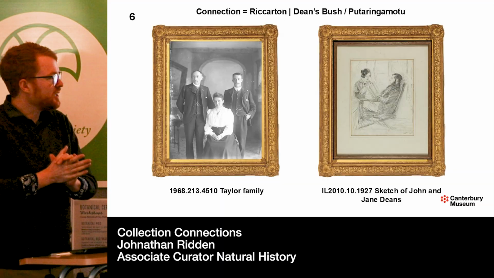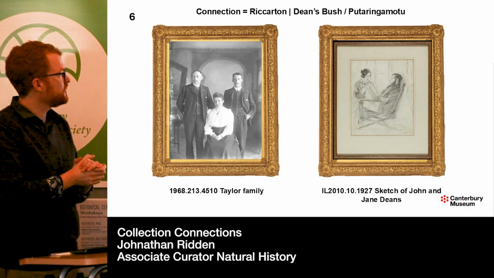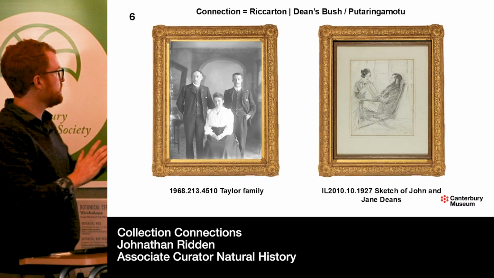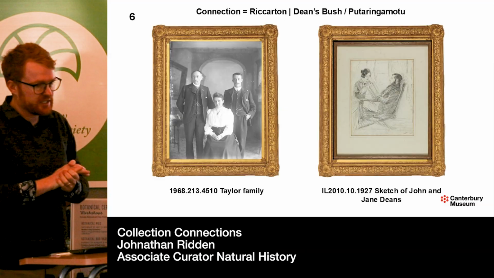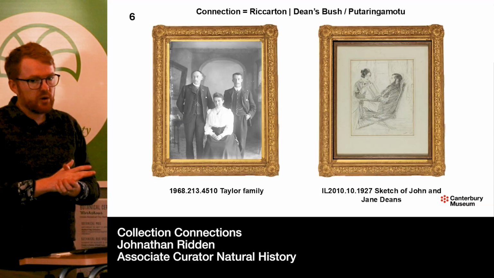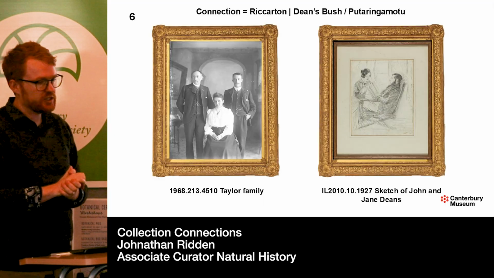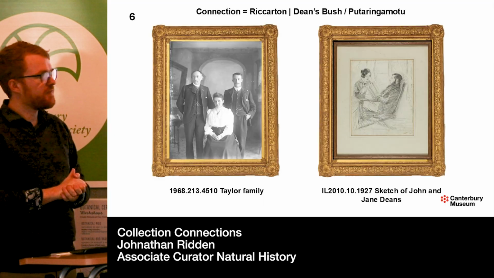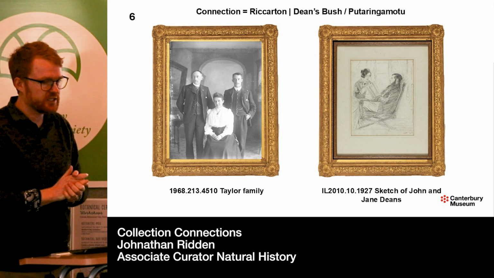So this is where the audience participation starts. Does someone want to select one of these options? First we've got the Taylor family. In the top right corner there is William Anderson Taylor. He is a well-known and reputed early photographer in Christchurch. The museum cares for hundreds or even thousands of his photographic collections, which were recently digitised.